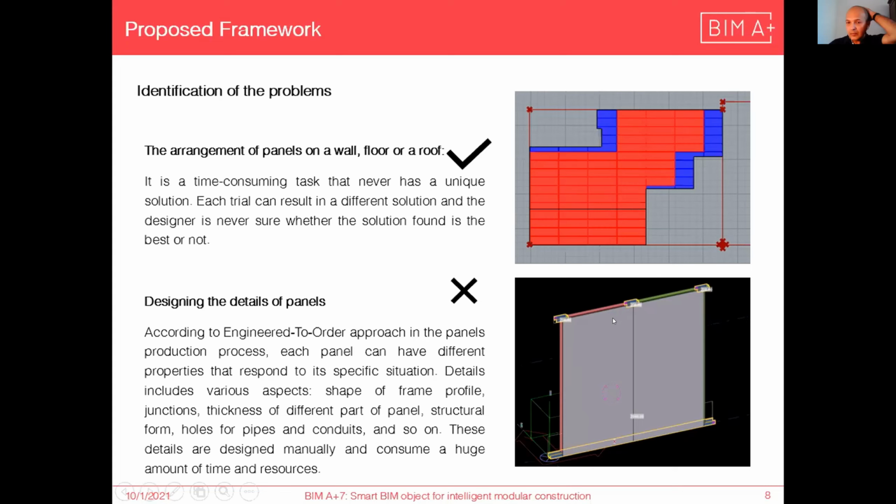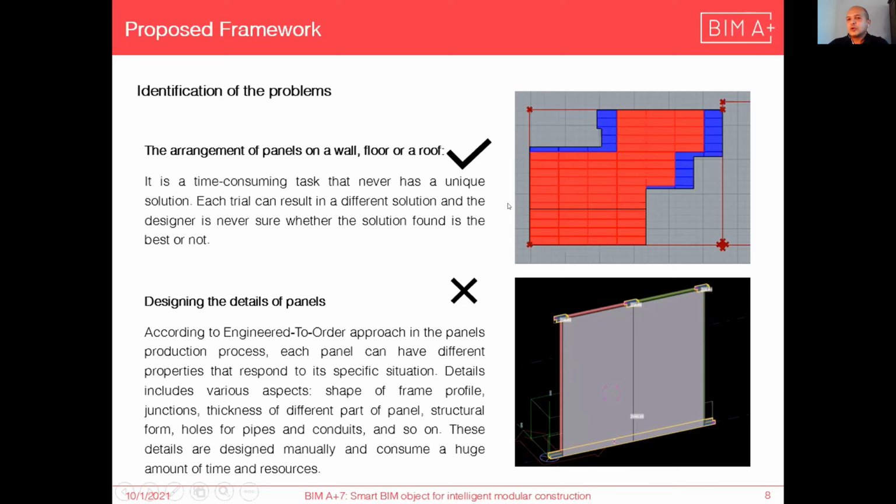The problem that they faced was that there were two problems. First, to arrange panels in a building element, for example, a floor or a roof, and also how to automate the detailing of those panels. For example, the connections, the thickness of the profile, the thickness of the panel, and so on.